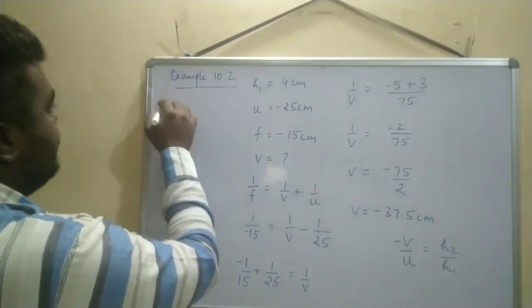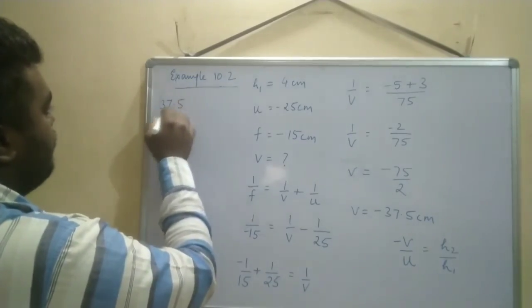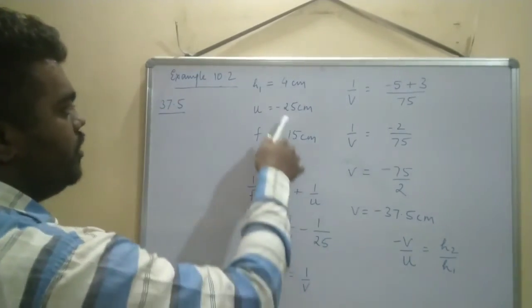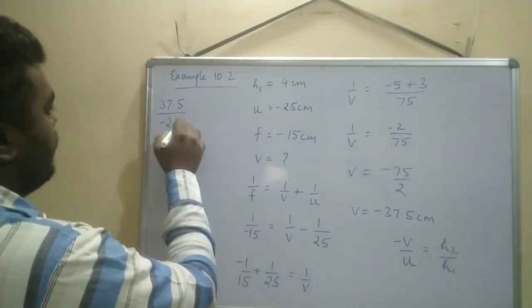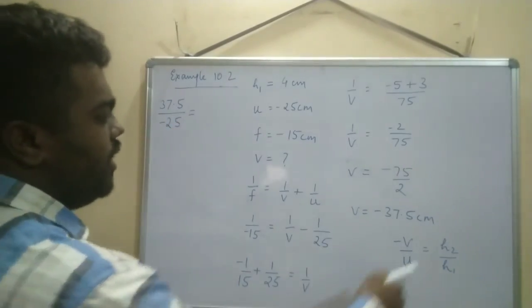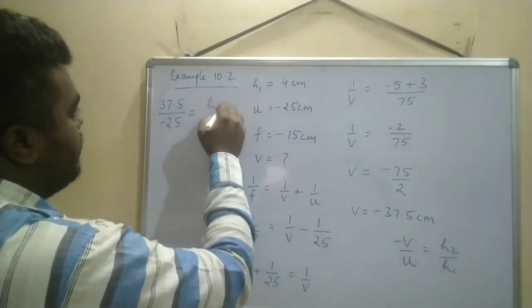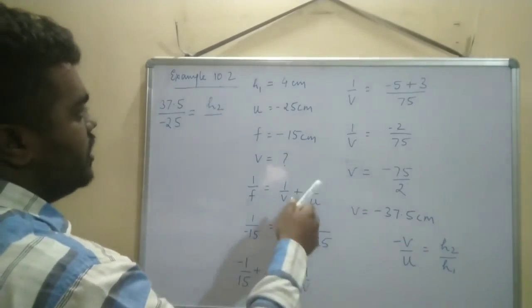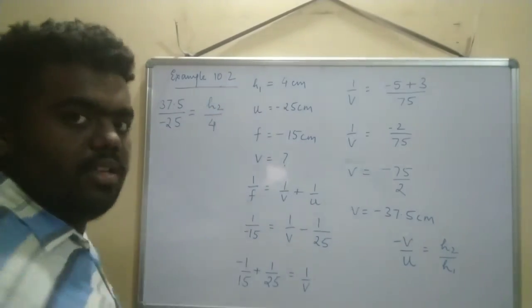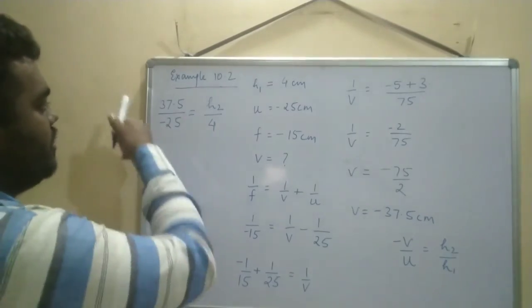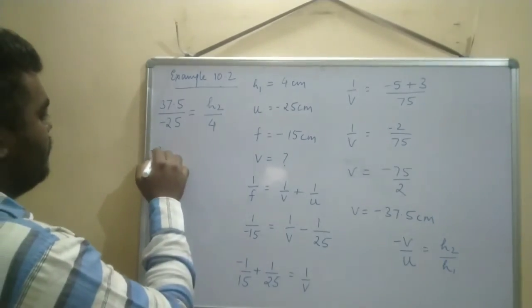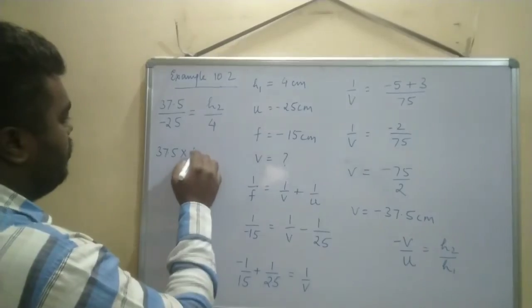Now the value is 37.5 by 25 is equal to h2, which we need to calculate, and h1 is 4. Now we are taking this 4 to the left side, into 4.